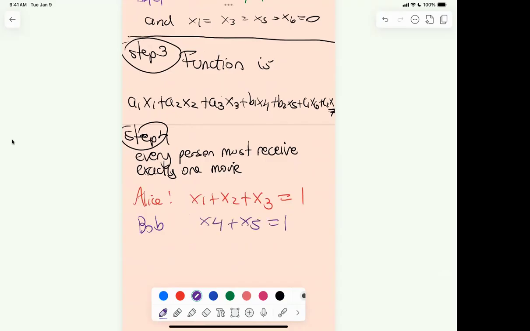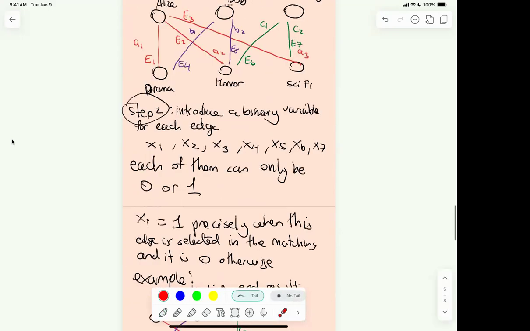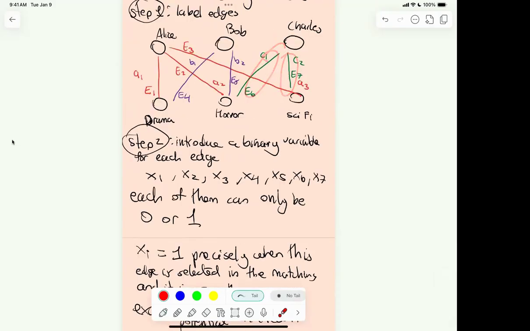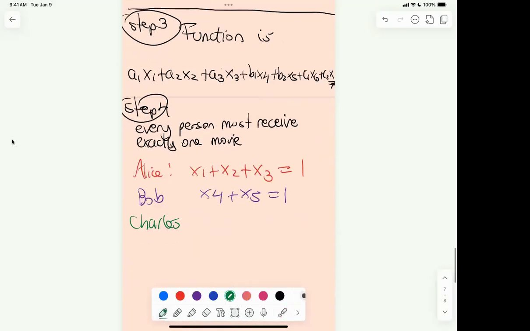And for Charles, the remaining two edges were edges 6 and 7, so the condition would be that x6 plus x7 equals 1. Is that okay? So far so good. Everyone with me? These three constraints guarantee that each person will receive exactly one movie.